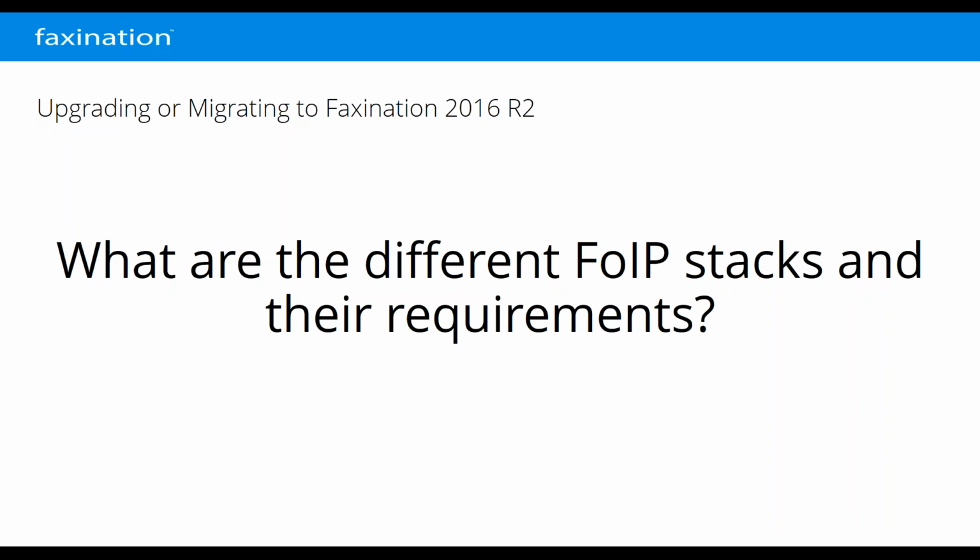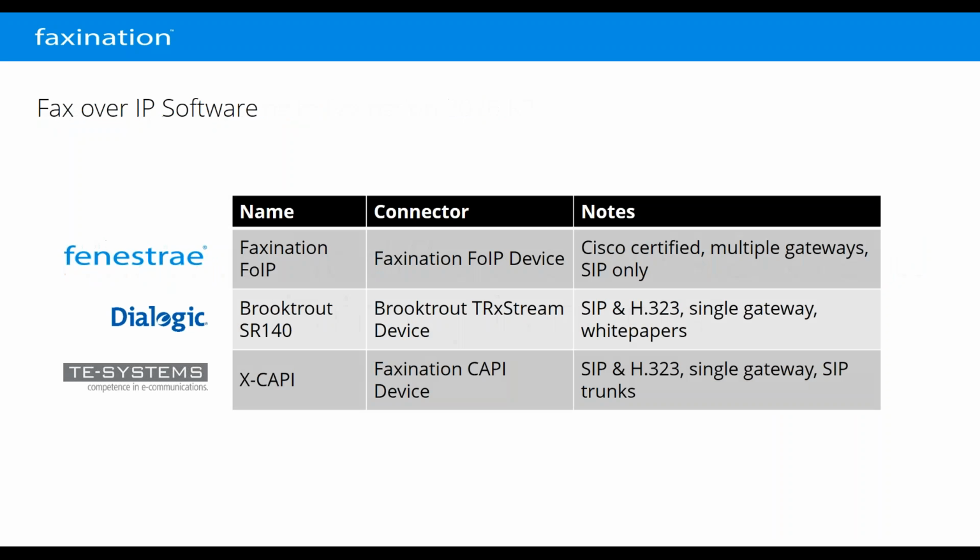We offer three different stacks. I'll put them up because we put them in an overview, and there are some differences. With the Faxination FoIP, we only do SIP and T38. We do not do G711 pass-through, and we do not do H323.